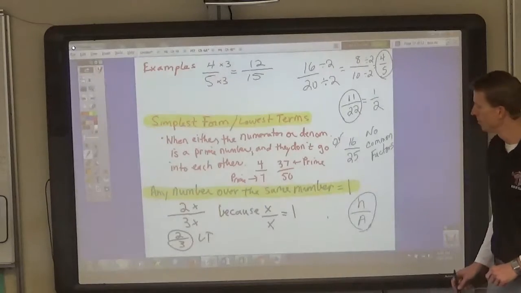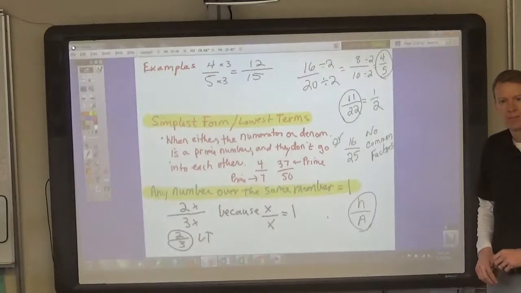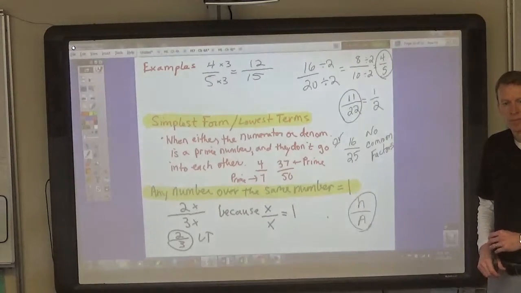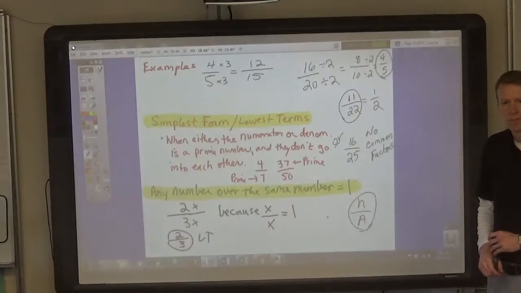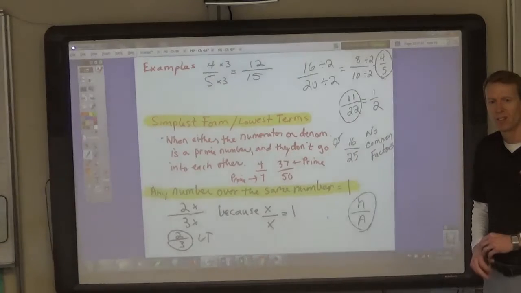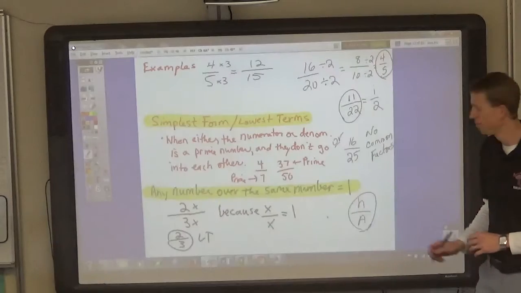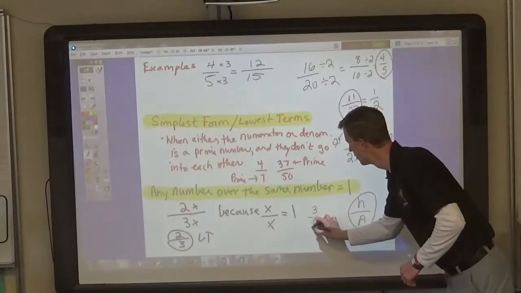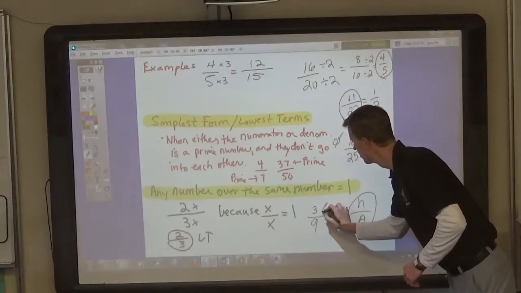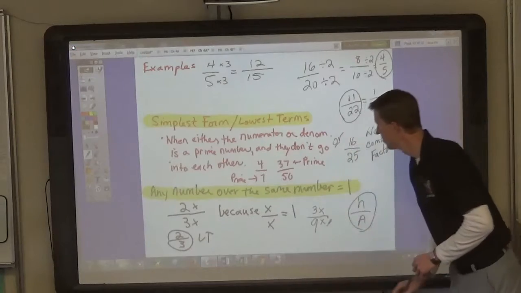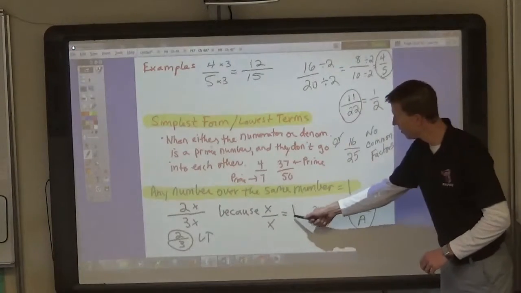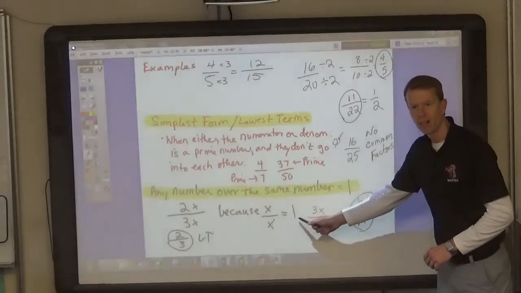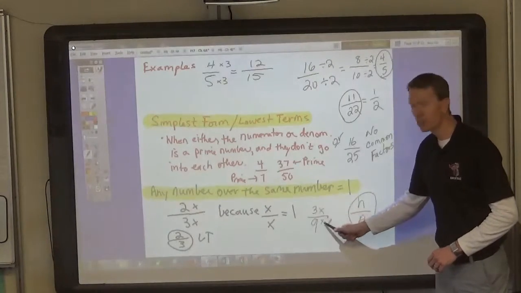So if it's, let's say, 3 and then 9, and they each have an x after it, then you can just simplify it, and the x's just go away. They are equal to 1. The x over x.